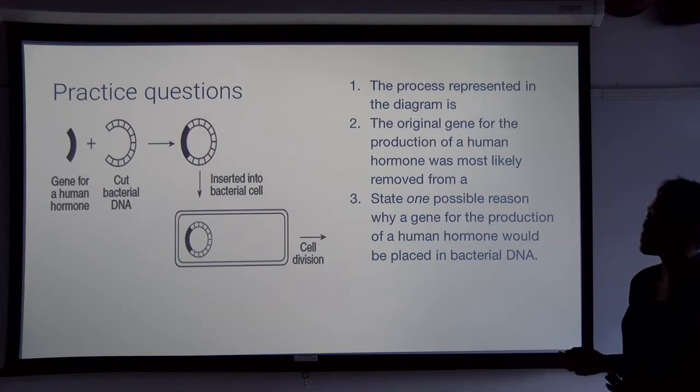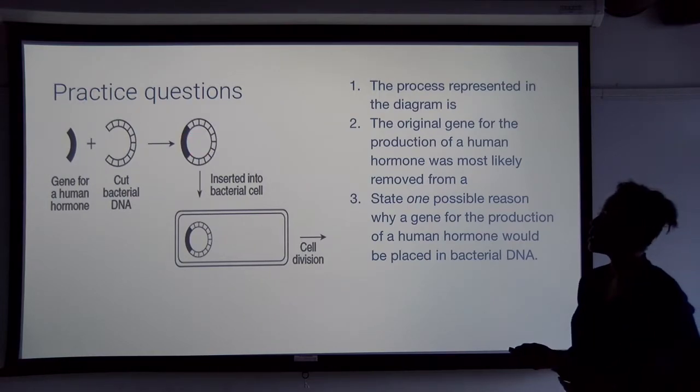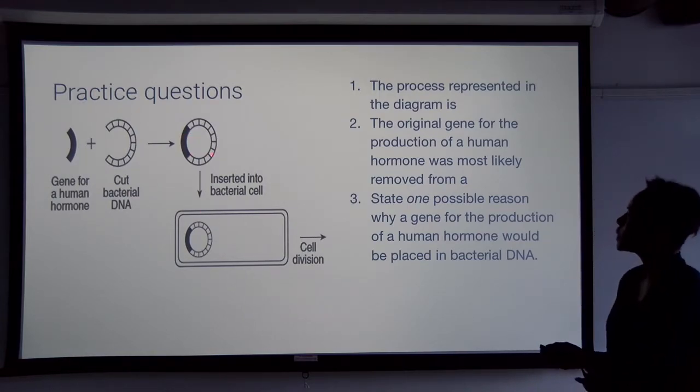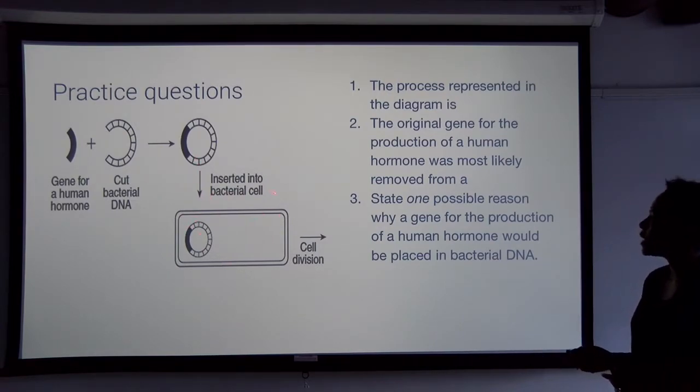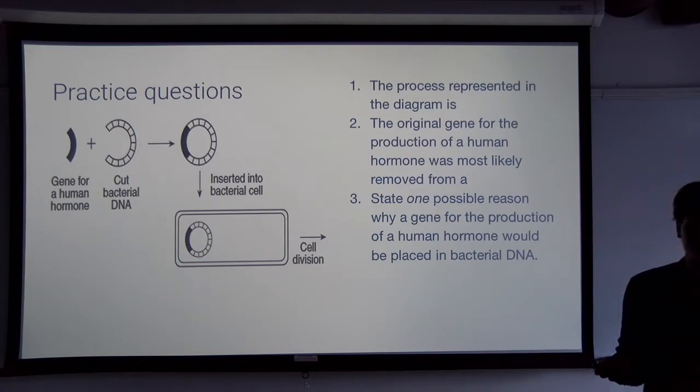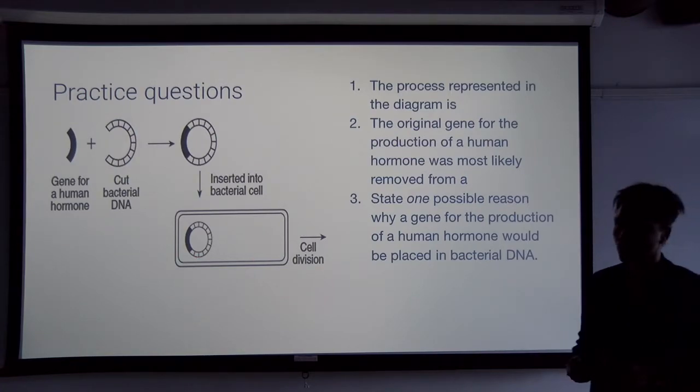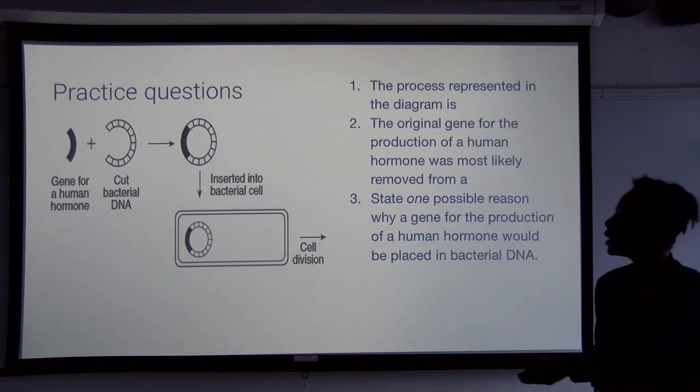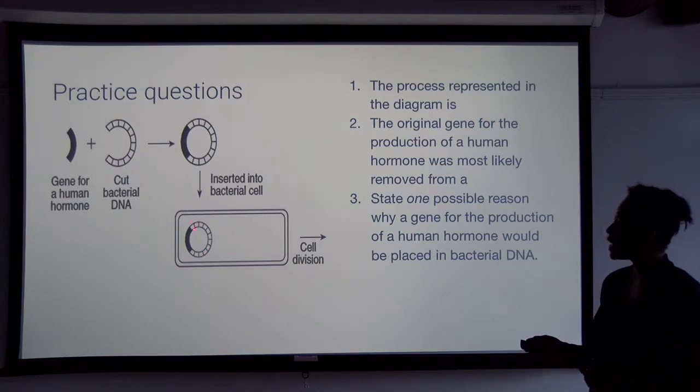So you could see here, remember all the cutting of the DNA is done by restriction enzyme. You'll then insert it back into the bacteria, and as the cell divides through mitosis, every cell after that will be identical to the original, but what's important is that it will have that human hormone gene in it.